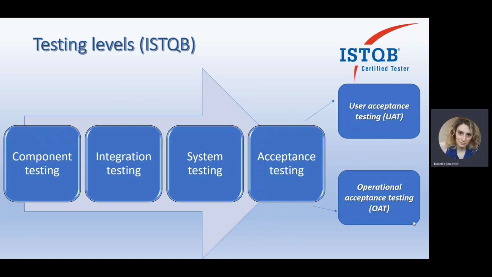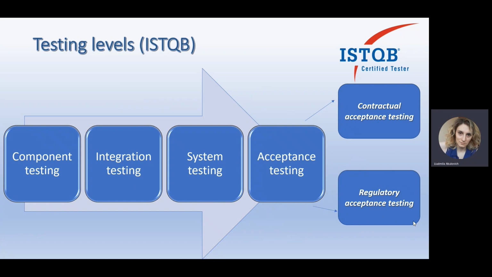The tests in operational acceptance testing are focused on backup, restoring, installation, uninstallation, disaster recovery, user management, maintenance, maybe some performance testing, and so on. So user acceptance testing is validation for our final users. Operational acceptance testing focuses on operational aspects.